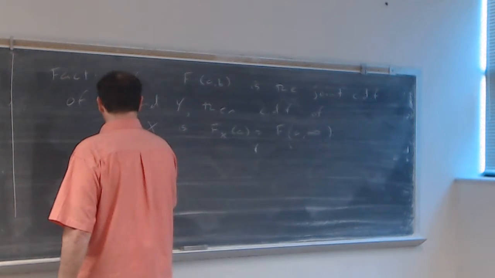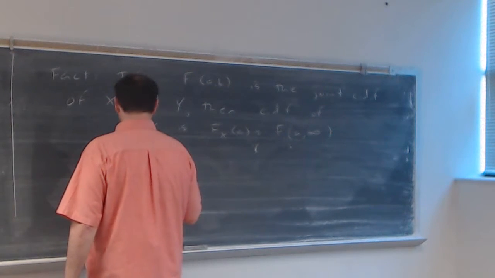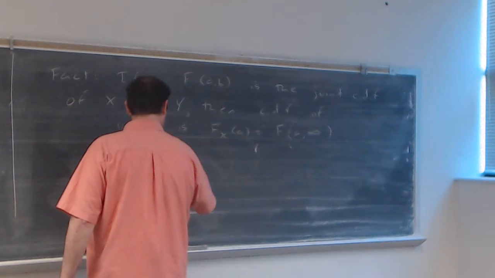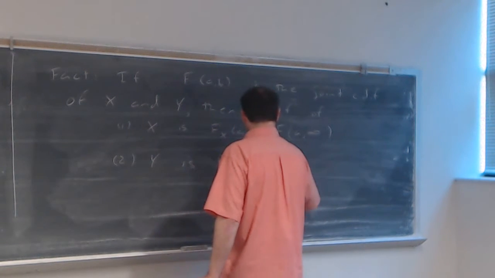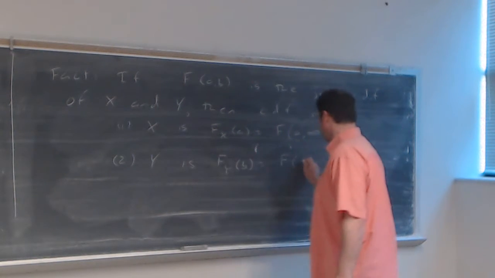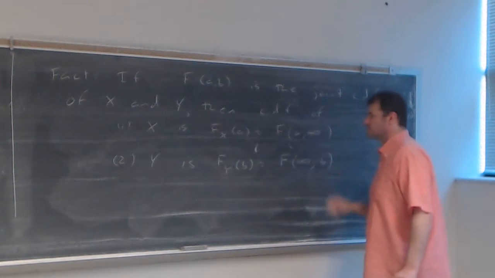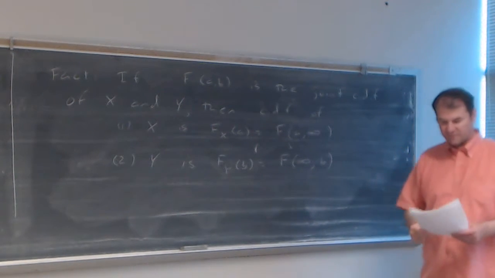Part 2: the CDF of Y is F sub Y of b, equal to the joint CDF evaluated from infinity to b. And I'll do both of these, and they're very easy.